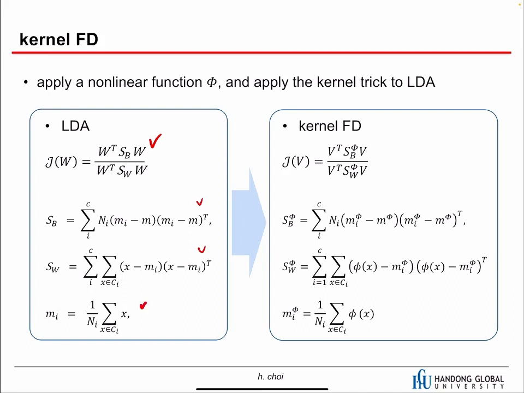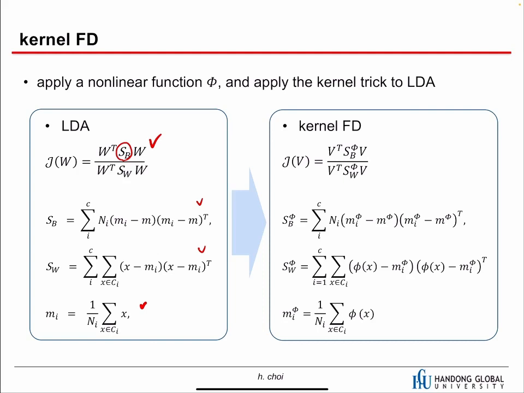S sub B is the between-class scatter. Instead, let's calculate these matrices in the feature space.